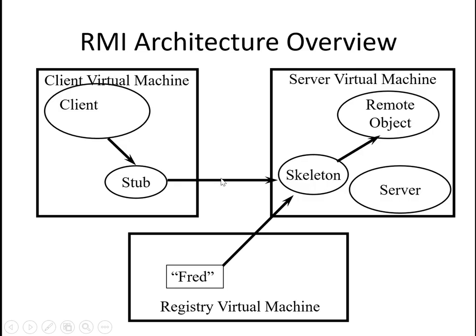Your assistant is sitting in another branch at a remote location, on another computer, and he does some process or job on behalf of the client. So that is called a remote object.